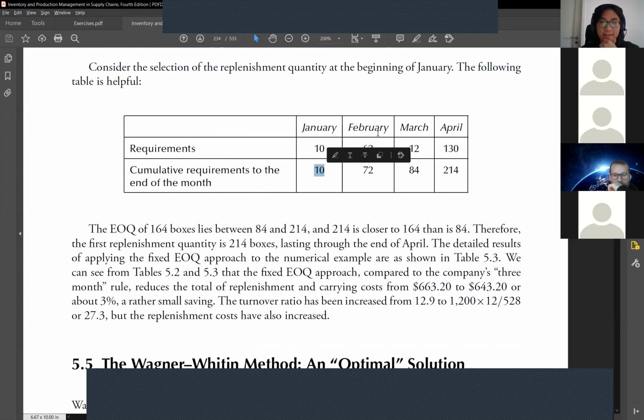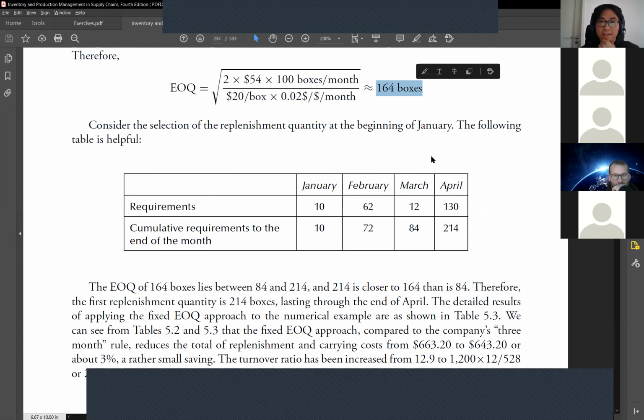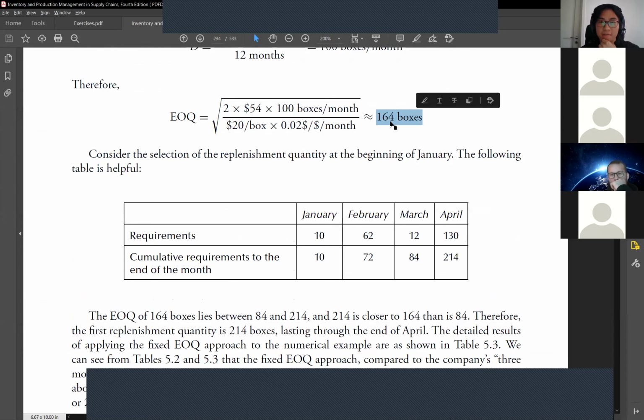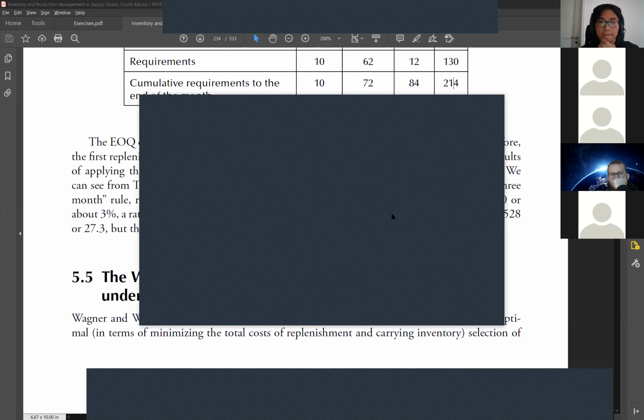Cumulative demand 10, and 10 plus 62, and so on, and you find the number that is closer to the EOQ that is calculated. And then you satisfy the demand until that point. So this is question number 8.